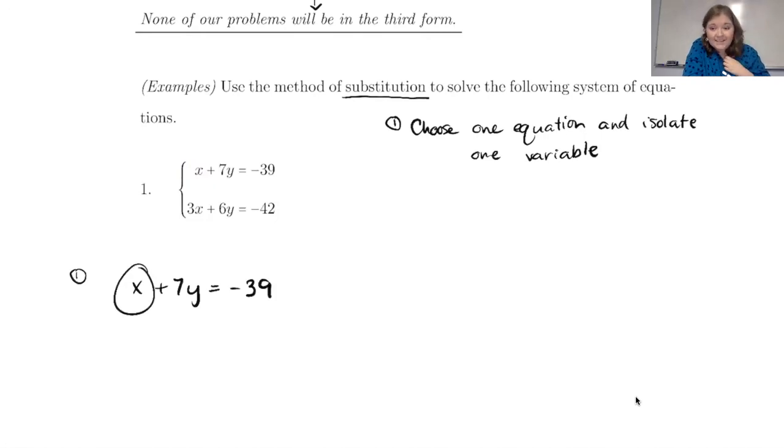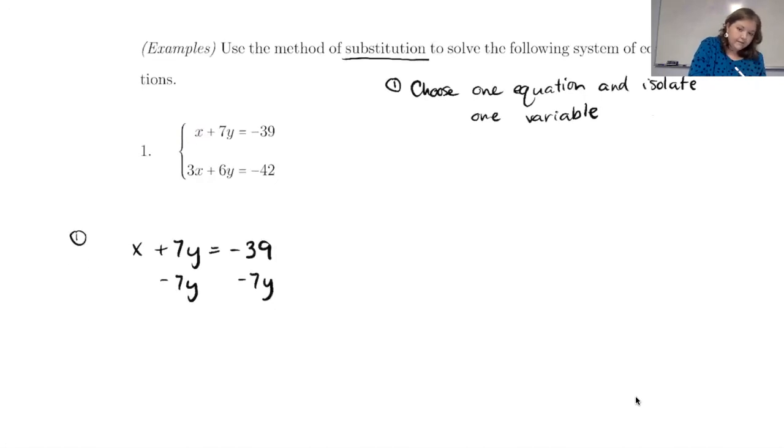You could isolate the y if that happens to be the easier one to isolate in one of your examples, but this one, the x, is the easiest one, so that's what I'm choosing. So I'm going to subtract 7y on both sides to get x by itself and get x equals -7y minus 39. Okay?